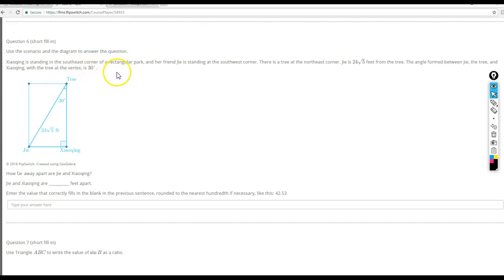So here's the diagram. Southeast corner, southwest corner. Here's the tree, and they have it labeled. And so this angle is 30 degrees, and therefore this angle is going to be 60.